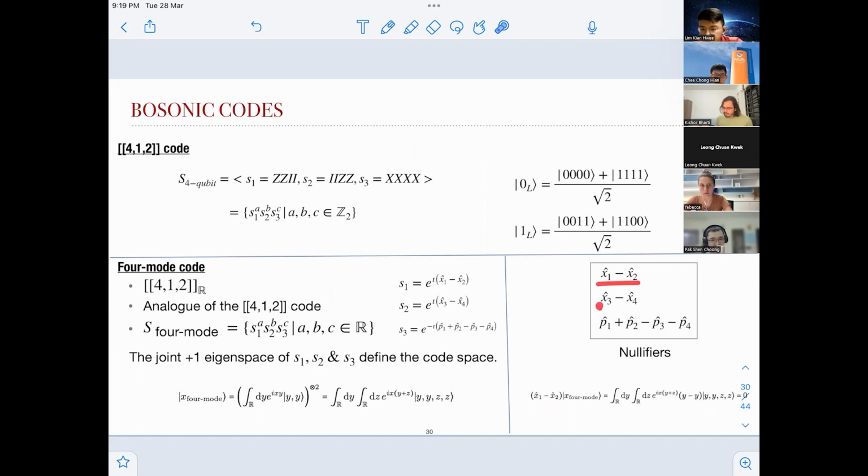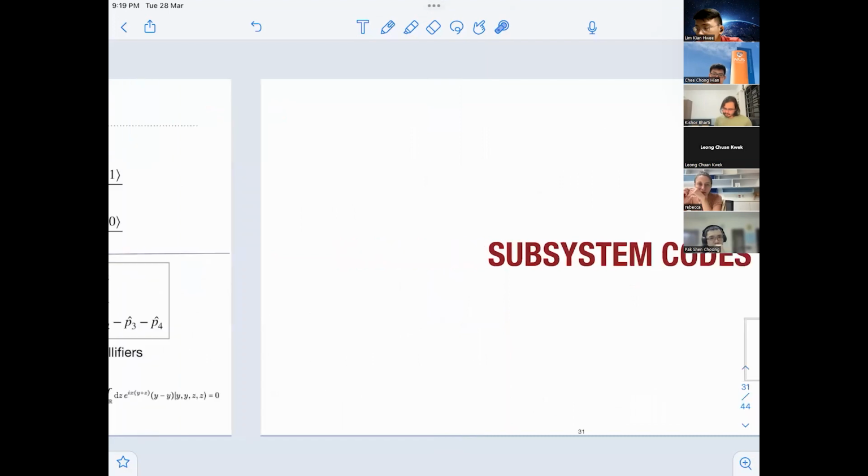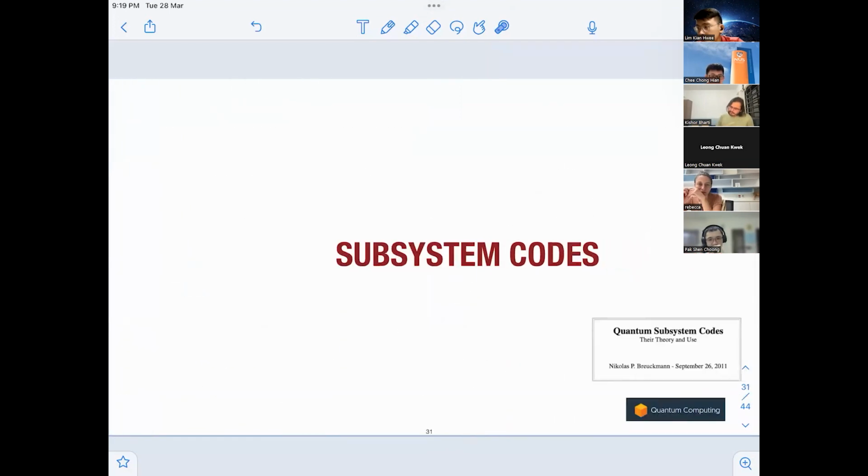Measuring x1, x2, x3, x4, these are Hermitian operators, and you can measure them. There are nice techniques in quantum optics; the experts in the audience know better. You can measure them effectively, and that will be used to detect errors.